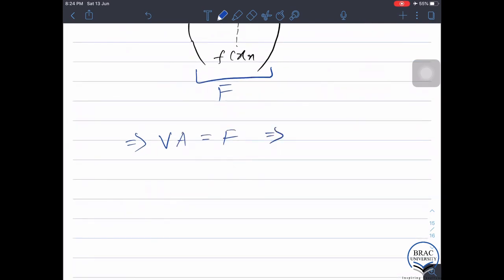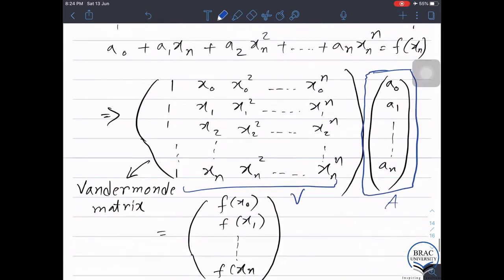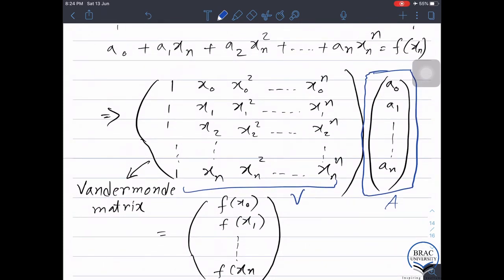And to solve this equation, because we have to find this A, then A will be equal to nothing but V inverse of F. So now the task, and you can see from here that I know all these numbers because I know x0, x1 up till xn, so I can calculate their powers. I can easily calculate their powers.